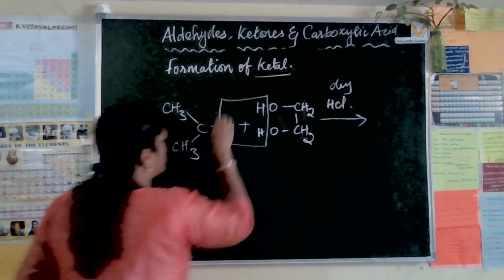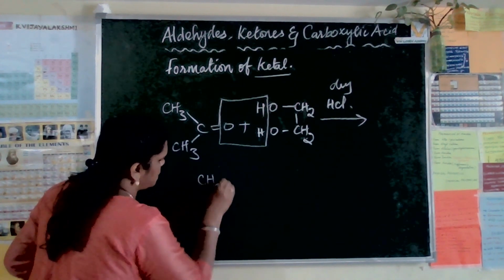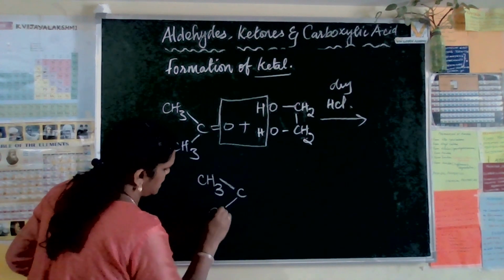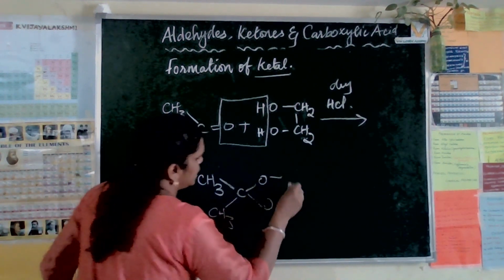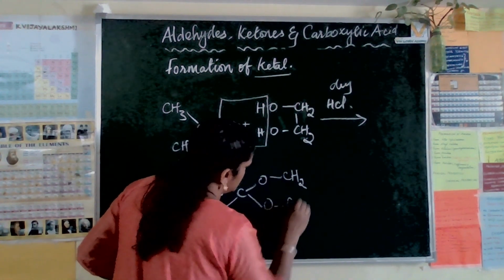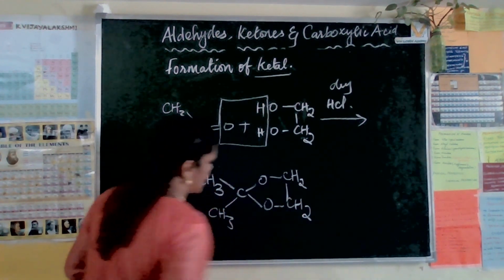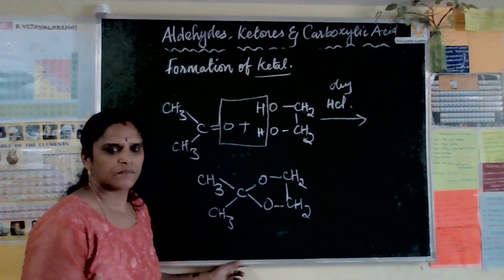You just remove that water box. So that means CH3, C, here CH3, here O and here also O, here CH2, here CH2. This is a cyclic compound. Now what is the name for it actually?